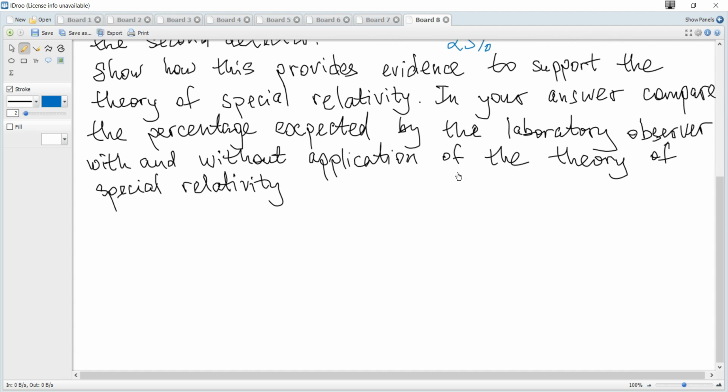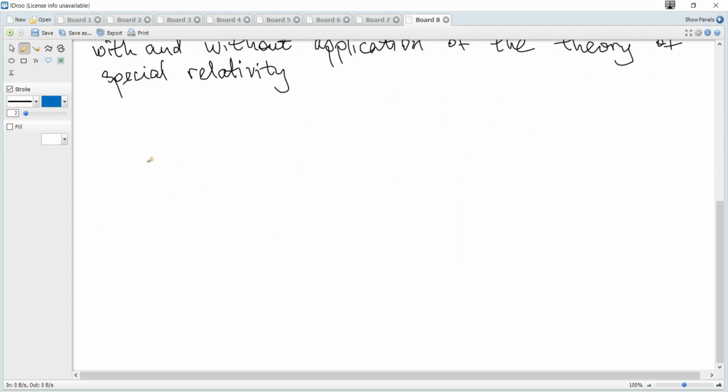And let's review key concepts. There is a stationary reference frame on the Earth or relative to a laboratory, and there is a moving reference frame where the pi meson is at the origin, and there are two detectors.